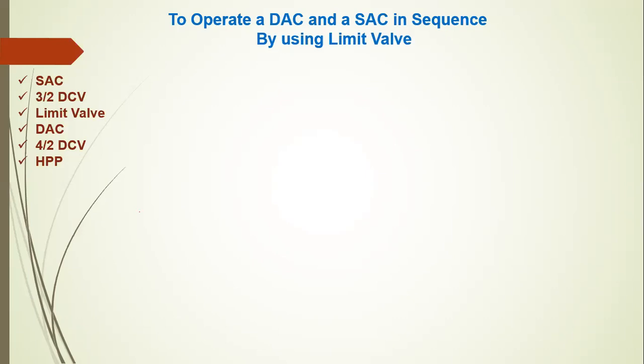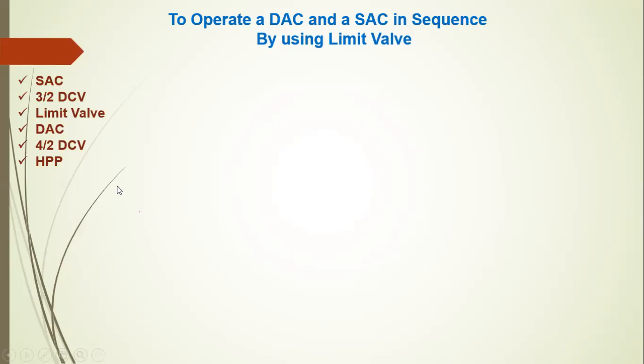Here is the first hydraulic circuit drawing to operate a DAC and SAC in a sequence, that is a double acting cylinder and a single acting cylinder, by use of a limiting valve. Here we use a limiting valve, not a sequence valve, but the circuit name is sequence circuit.